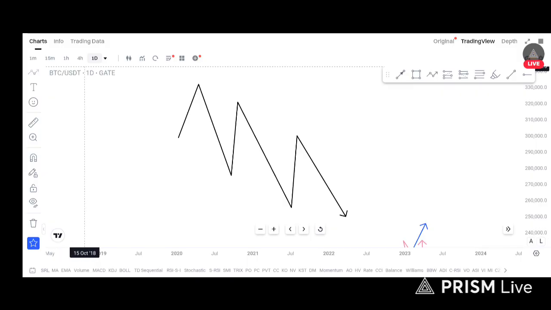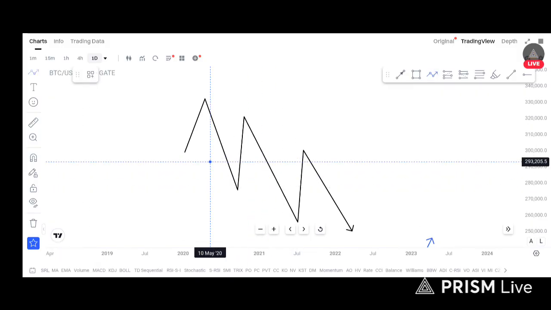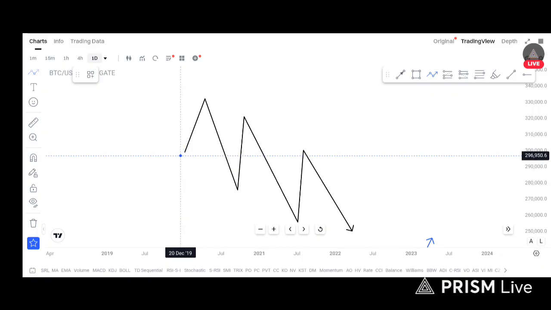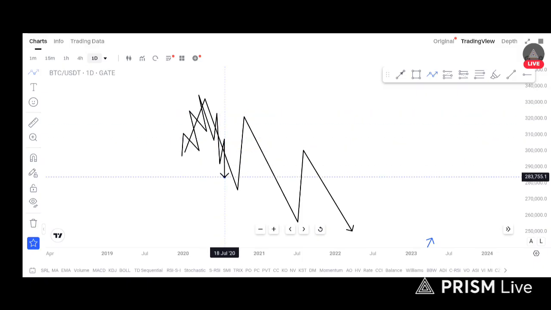Remember, a pullback is going to be an uptrend in the next time frame below, and the continuation is going to be a downtrend.